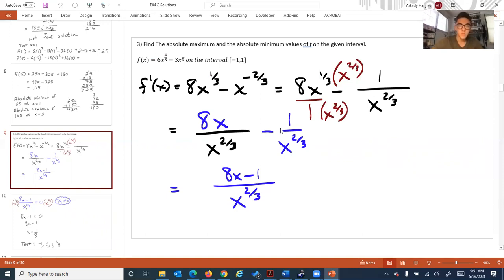The easiest way to do it is to get that denominator to be exactly the same. So multiply top and bottom by x to the 2/3. The cool thing that happens is x to the 2/3 times x to the 1/3 just gives you a nice x. And from there, simplifying it out gives you a nice thing to deal with at this point. Okay, I got it.